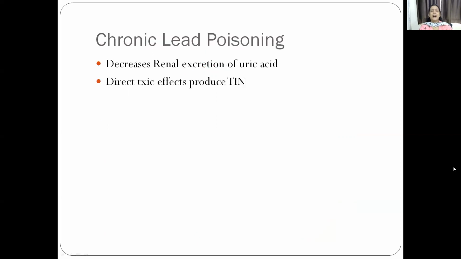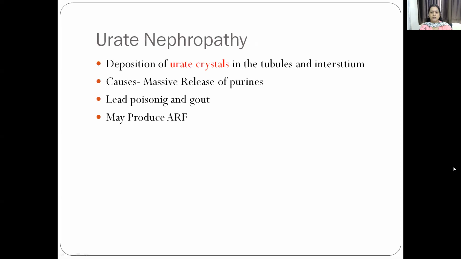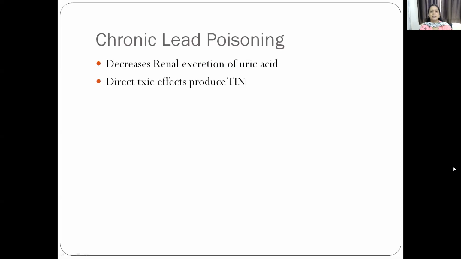So coming to the other one, chronic lead poisoning. In chronic lead poisoning also, you will see the urate crystals. Okay, this is because the lead decreases the renal excretion of uric acid. It has direct toxic effects producing tubulointerstitial tract injury.